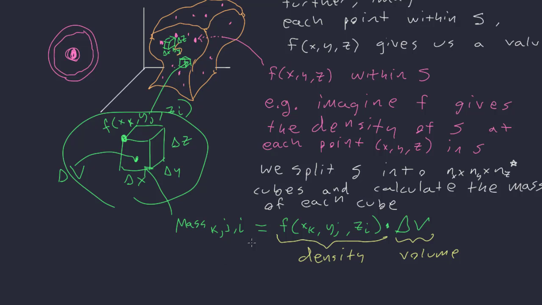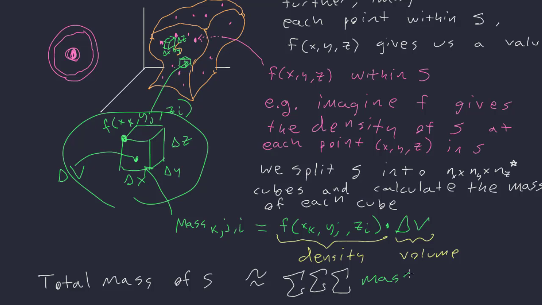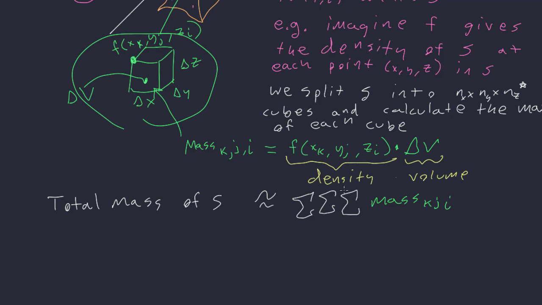Okay, so the total mass of S can be approximated by the triple sum of the mass of the cubes, which is essentially an integral.